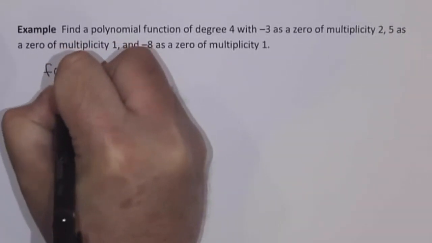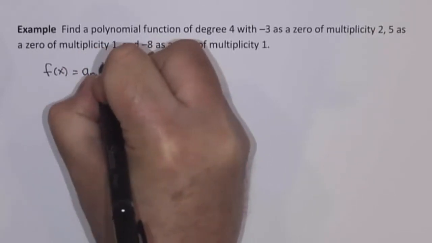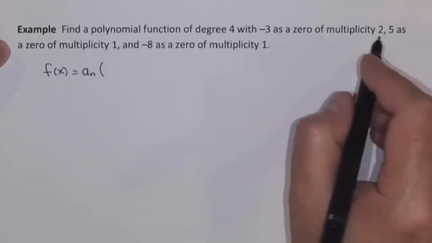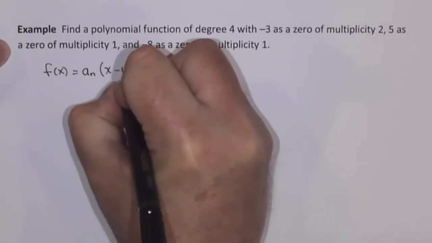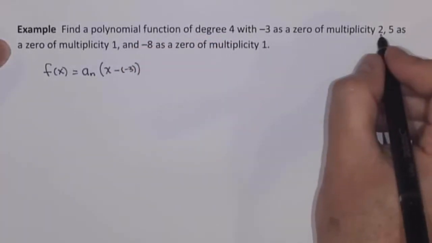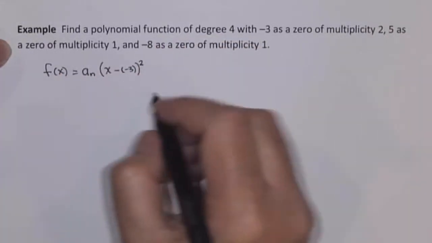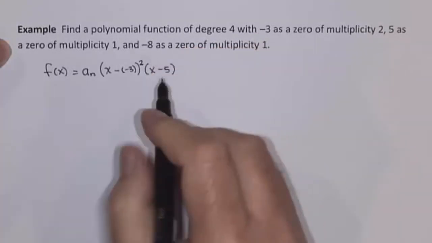We know we're going to have the form f of x equals some constant, a sub n, times, now we have negative 3 as a 0 with a multiplicity of 2. So we're going to have x minus negative 3, and that's going to occur twice because we have a multiplicity of 2. 5 is a 0 with multiplicity of 1, so we're going to have x minus 5.